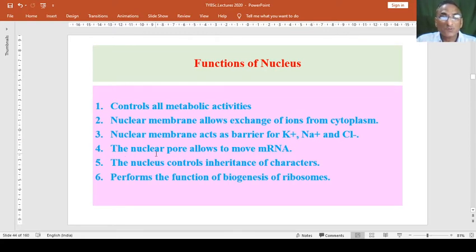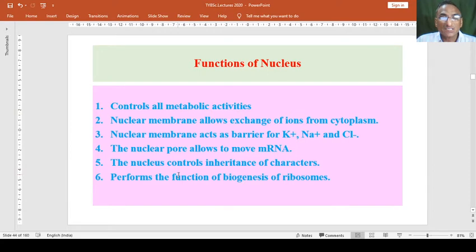The nuclear pore allows mRNA to move, basically for protein synthesis. This maintains the potentiality of the ions, and it controls metabolic activity, that is, digestion of the cell, energy release of the cells, and likewise activities.